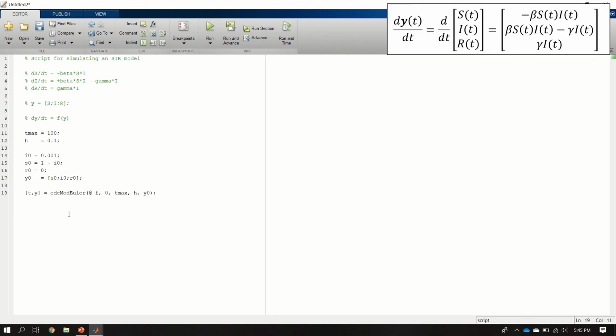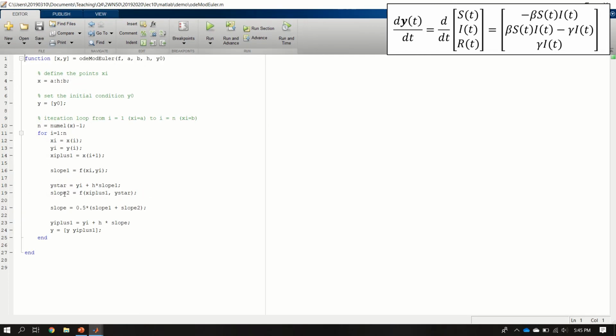And we want to use this ODE mod Euler function, and we will see that we have to do a very slight modification to this, but let's open this file up. So we see that this f, in order to work with this script, has to be a function of the independent variable, which in our case is time, and the dependent variable, which in our case is the vector y.